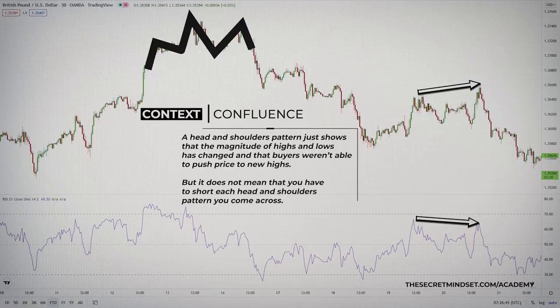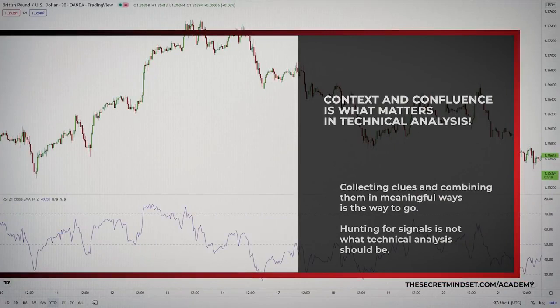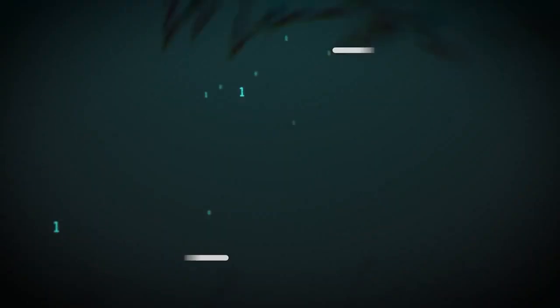But it doesn't mean that you have to short each head and shoulders pattern you come across. Context and confluence is what matters in technical analysis. Collecting clues and combining them in a meaningful way is the way to go. Hunting for signals is not what trading should be.